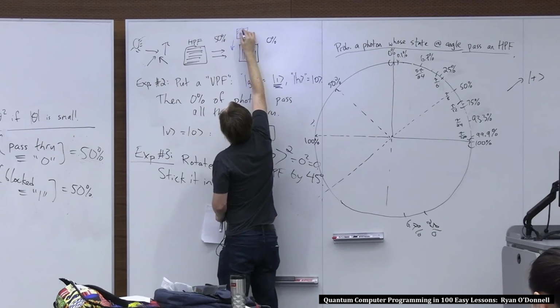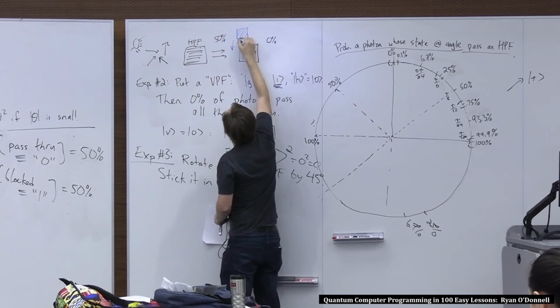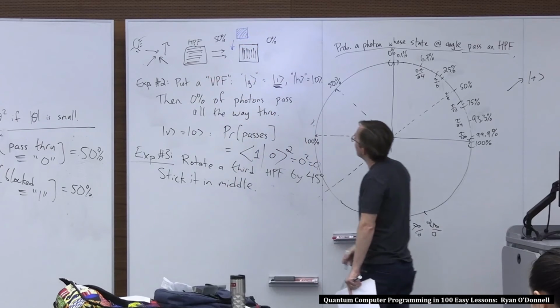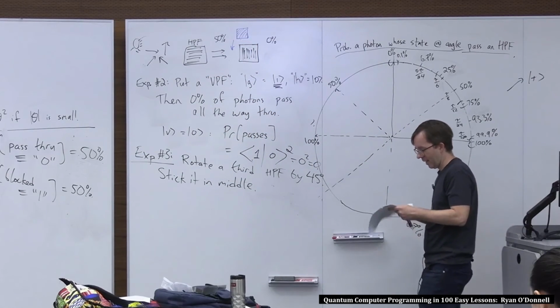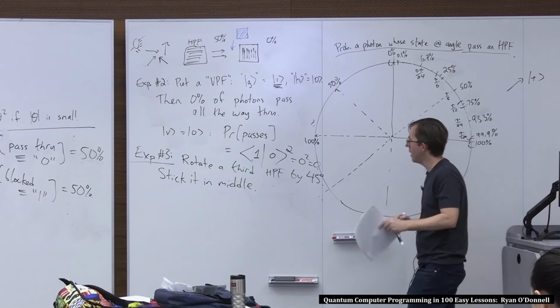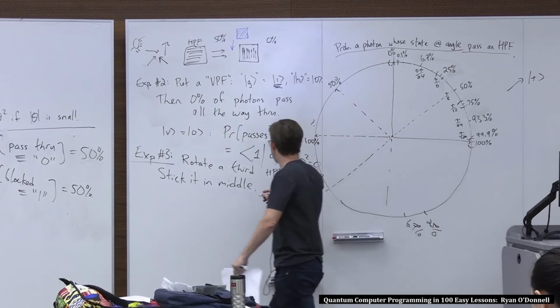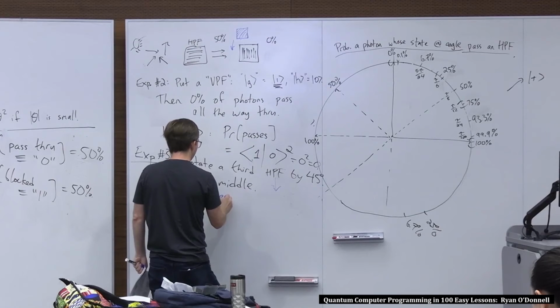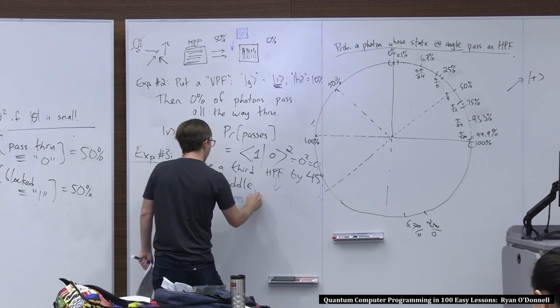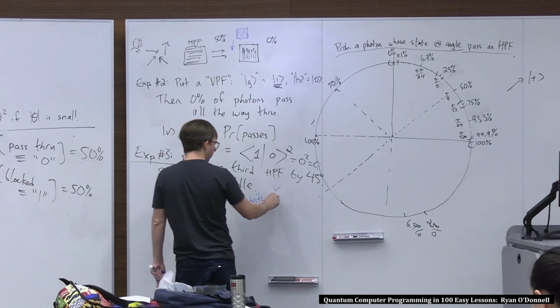I'm not tall enough for this. I think I should have drawn the diagonal stripes the other way. Well, anyway. Okay, so what does this mean? This measures in the basis plus and minus.